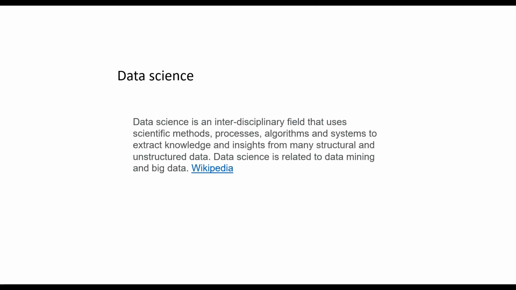Here's a definition of it from Wikipedia. I like definitions, as you know. An interdisciplinary field that uses scientific methods, processes, algorithms, and systems, and some would argue creativity and empathy and talent, to extract knowledge and insights from many structured and unstructured data. Data science is related to data mining and big data.